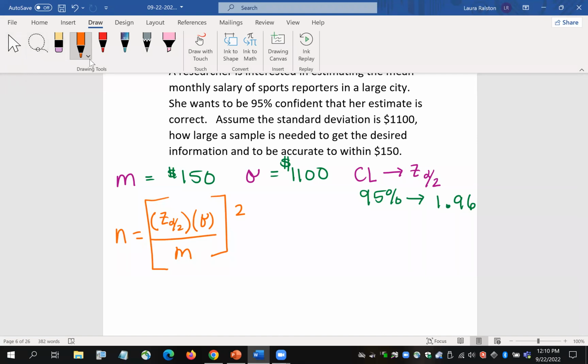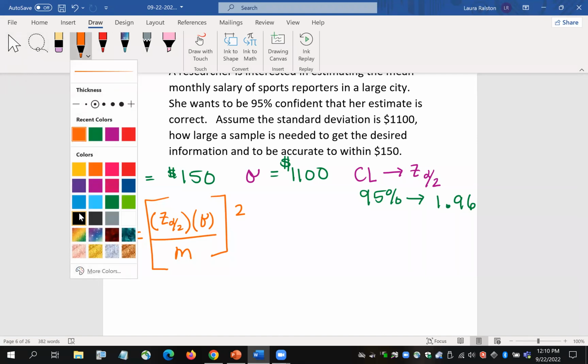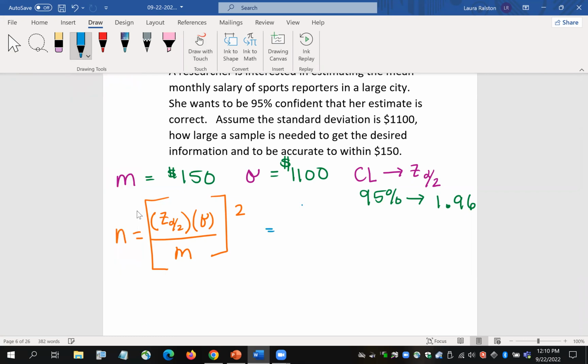Plug and chug. Do not overthink this. So we would have 1.96 times the standard deviation divided by the margin of error, and then that can be squared.